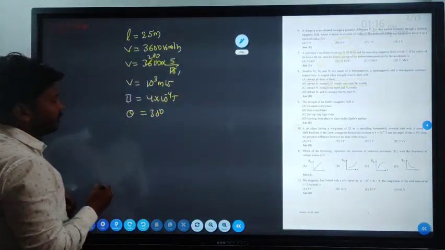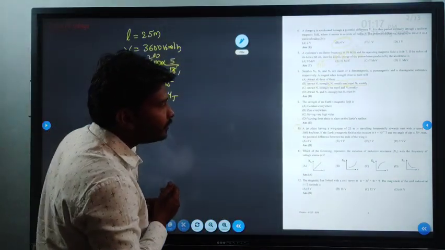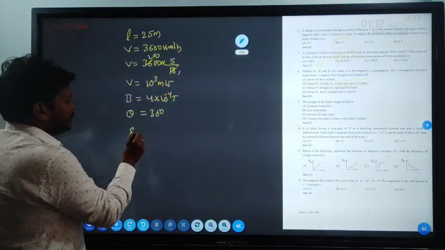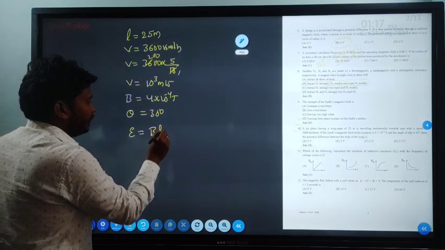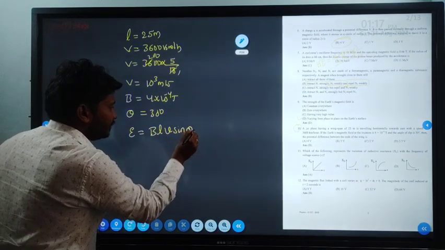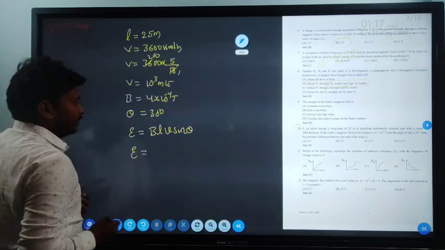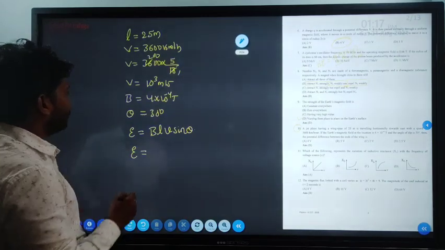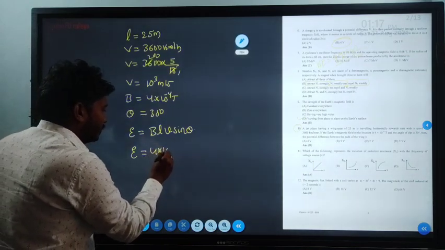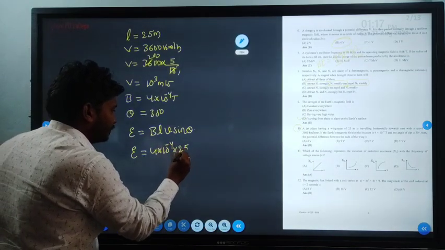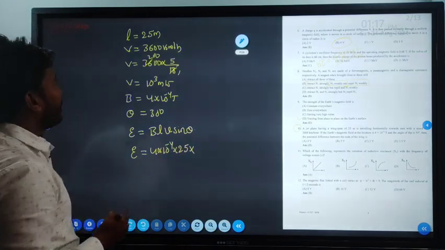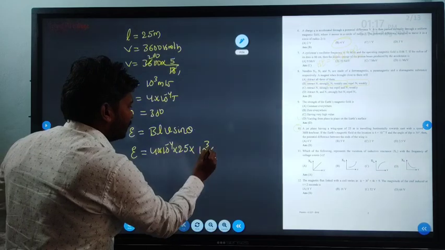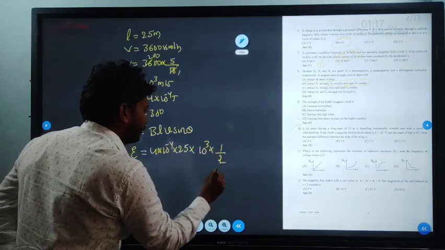Let me find that out. E equals B L V sin theta. The magnetic field is 4 into 10 to the power of minus 4, length is 25 meter, speed is 10 to the power of 3, and sine of 30 is 1 by 2.